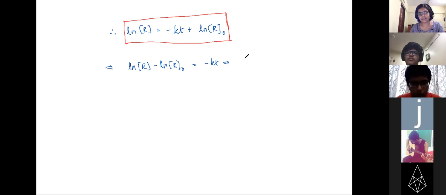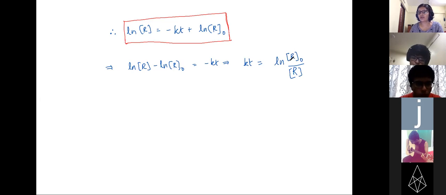This I can write as, kt will be equal to, this will reverse, ln r naught minus ln r. Yes, by the laws of logarithms. And if you recall the rules of logarithms, log a minus log b will be equal to log a upon b.